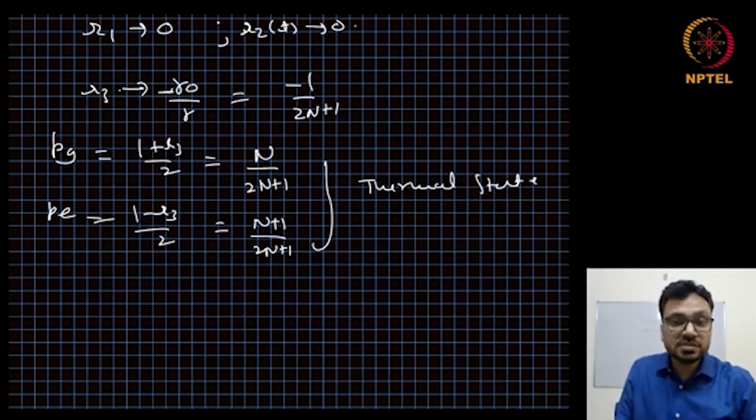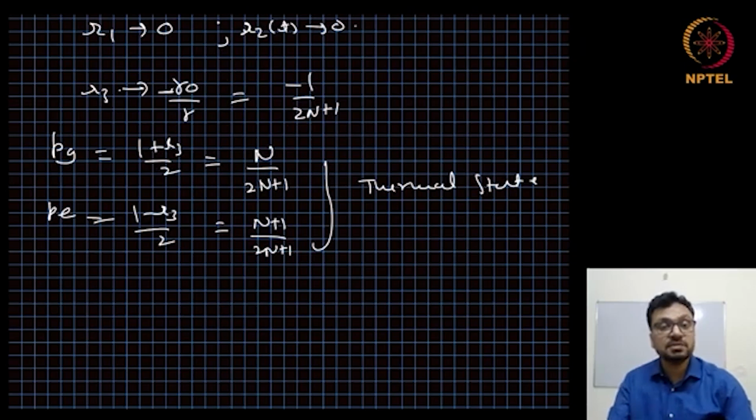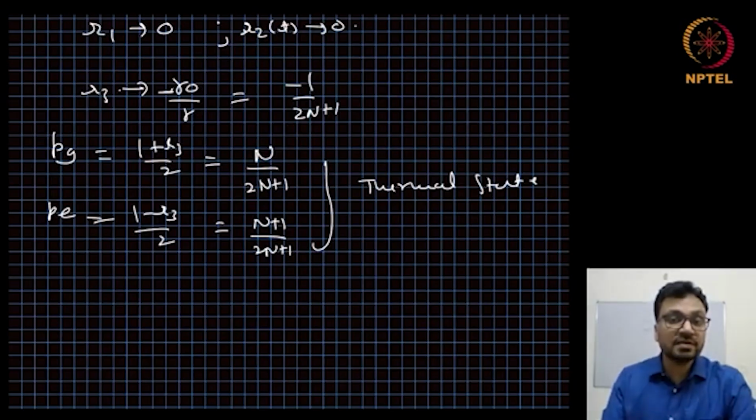So this particular solution shows that if a two-level system is interacting with the thermal bath, the final state of the two-level system is also a thermal state. In that way, we have shown how to solve a master equation and how to arrive at the thermal state, which we did earlier by assuming a thermal state and showing that it's a steady state.